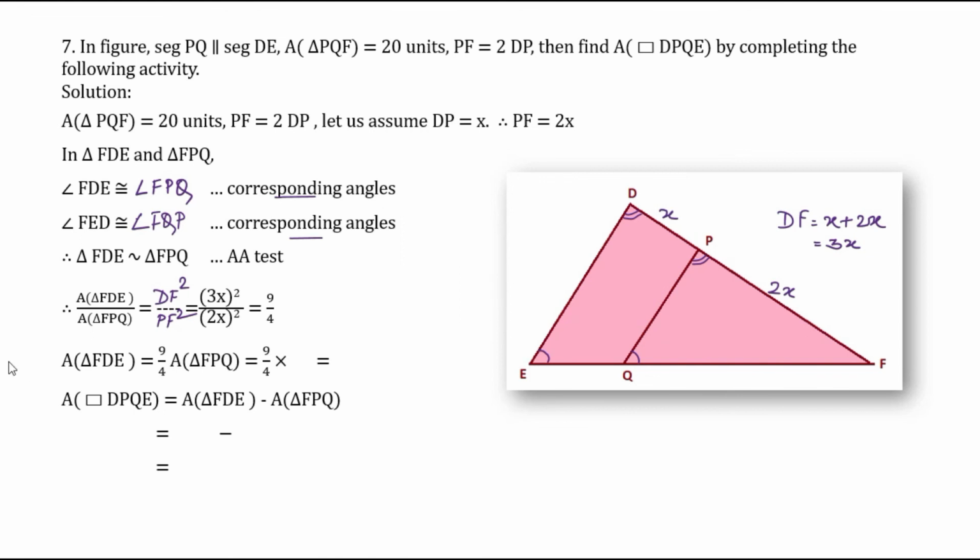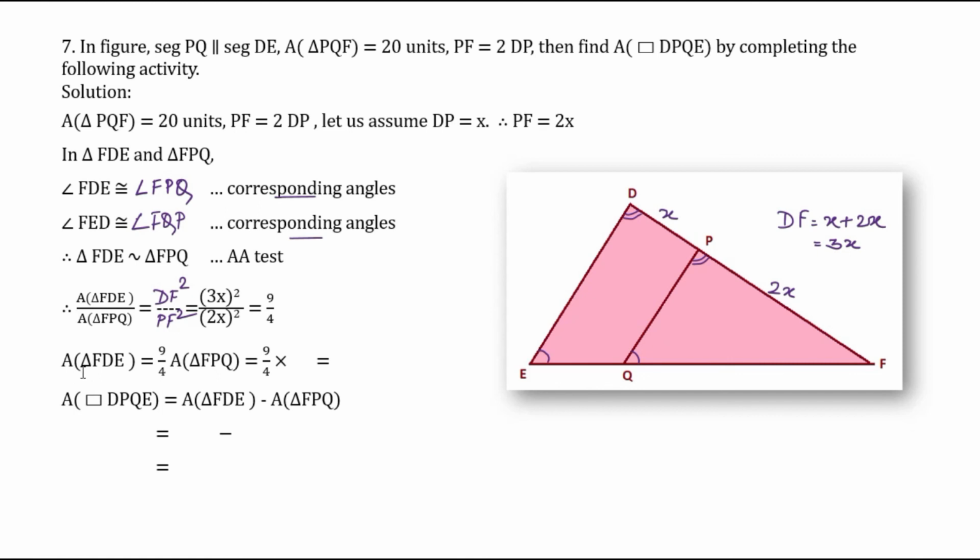See this? Here 3x is DF and PF is 2x. Hence we have to write this pair only. This is one of the corresponding pairs of two similar triangles. So DF square upon PF square is 3x square upon 2x square. So x gets cancelled, and 3 3s are 9 and 2 2s are 4. So 9 by 4 is the answer for this step.